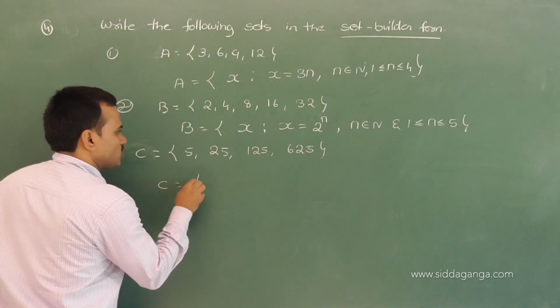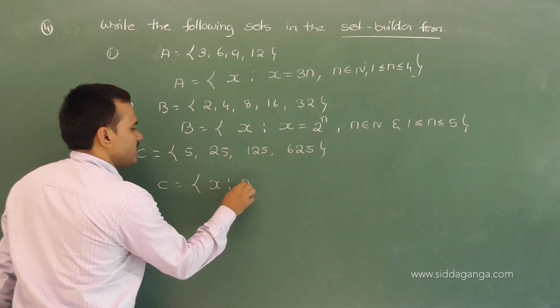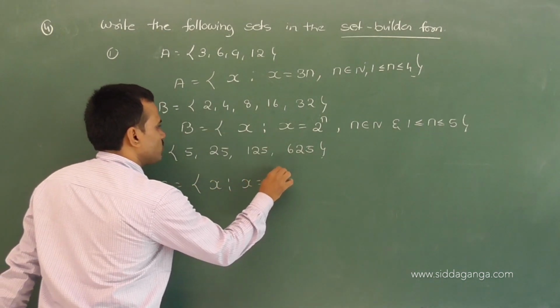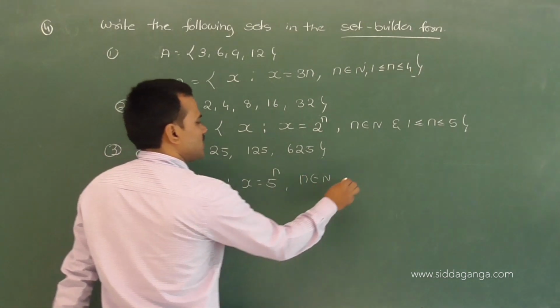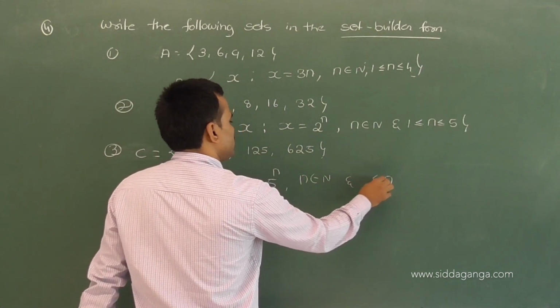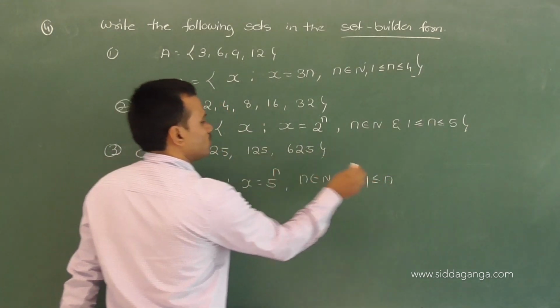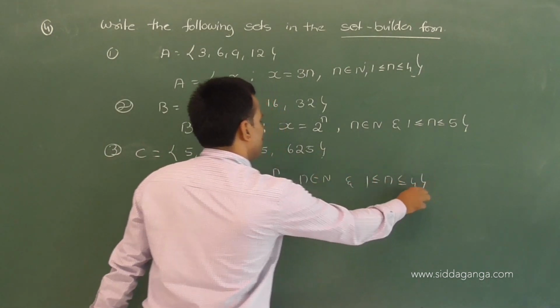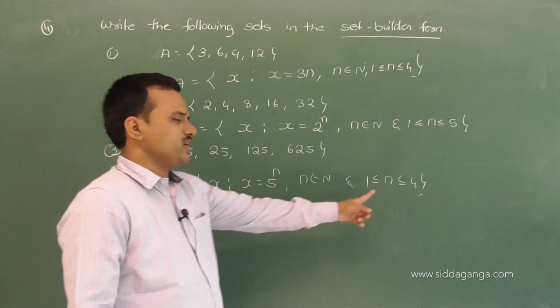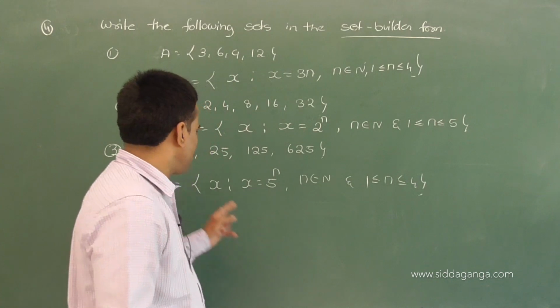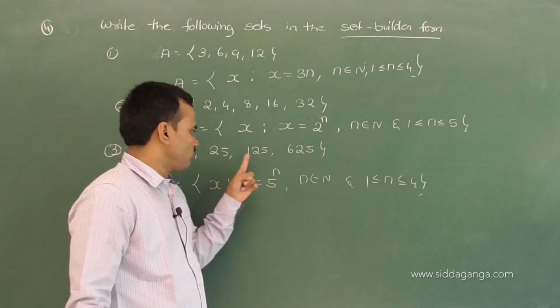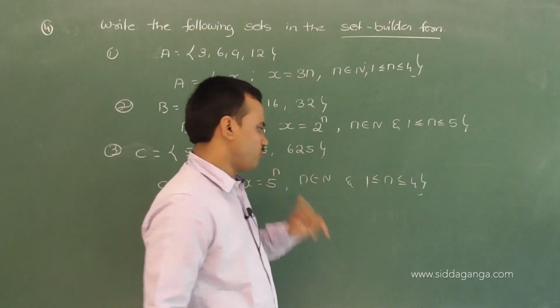C is equal to x such that x is equal to 5 to the power n, n belongs to N natural numbers and n is greater than or equal to 1, less than or equal to 4. 5 power 1, 5 power 2, 5 power 3, 5 power 4.